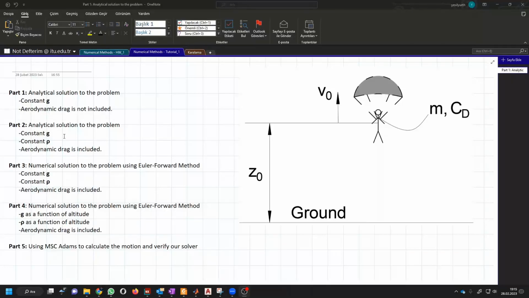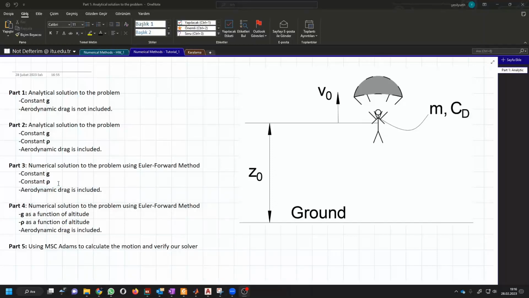In the second part, we will solve the problem again analytically, but this time aerodynamic effects or aerodynamic drag forces will be included. We will do this solution with a little outsourced help, basically from Wolfram Alpha. Again, we will use constant gravitational acceleration and air density values for this part.